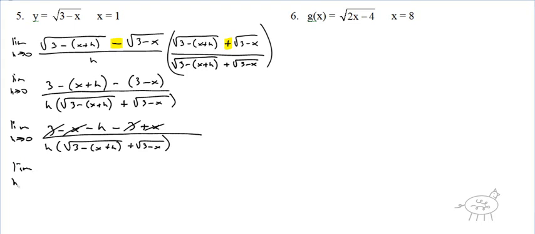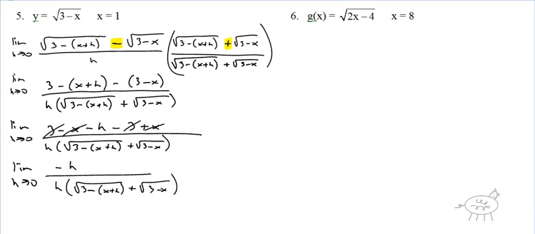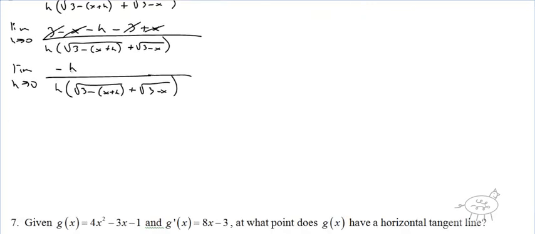All right, so the limit as h approaches 0 just gives us negative h over h times the square root of 3 minus x plus h plus the square root of 3 minus x. And then the h's cancel, of course. And then I'm going to plug a 0 into that.